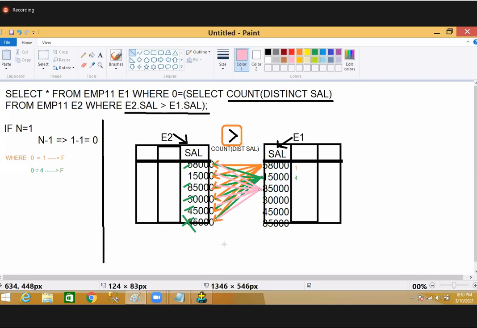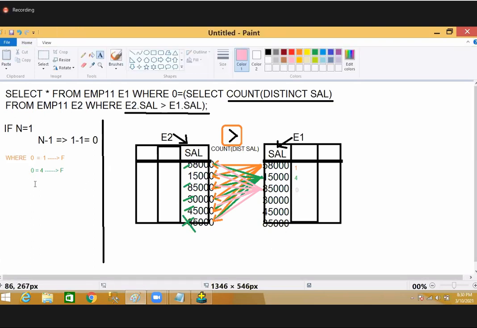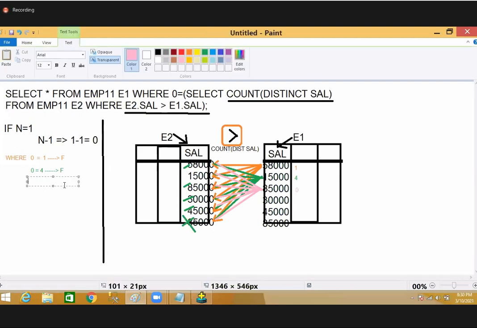No. So above 85,000 there is no value. No value means count is what? 0 or 1? Your count is 0. So my count is 0. That 0 inner query value I compare with the outer query value. 0 is equal to 0. Condition true or false?